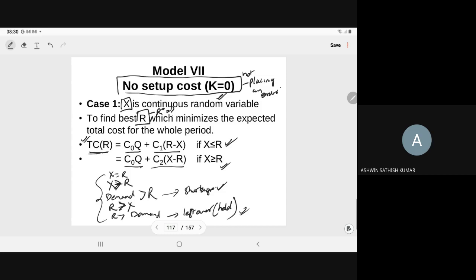Now, from here, we compute the expected total cost, and that we want to minimize so that we can get the optimal desired inventory level, meaning how much we should stock in advance before starting the period.